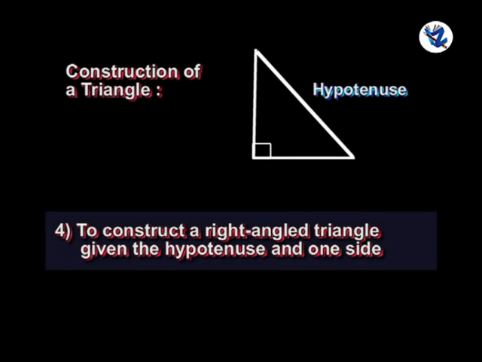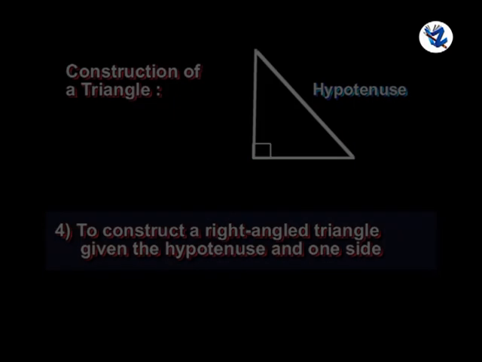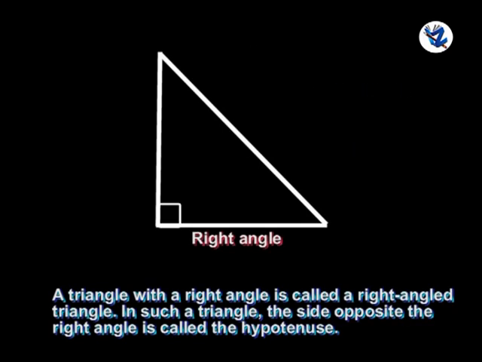Next, to construct a right angle triangle given the hypotenuse and one side. A triangle with a right angle is called a right angle triangle. In such a triangle, the side opposite the right angle is called hypotenuse.